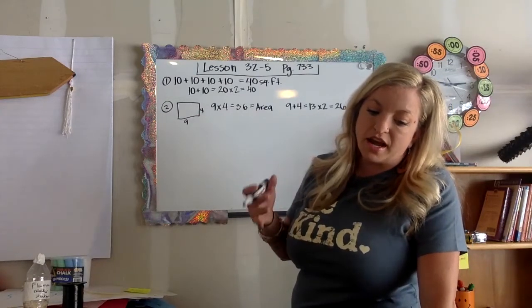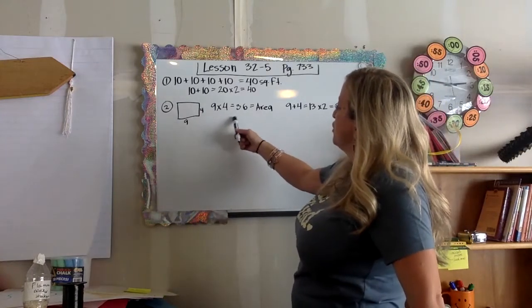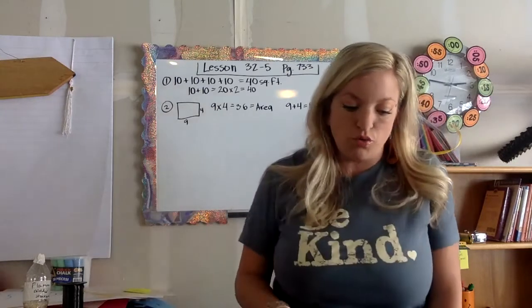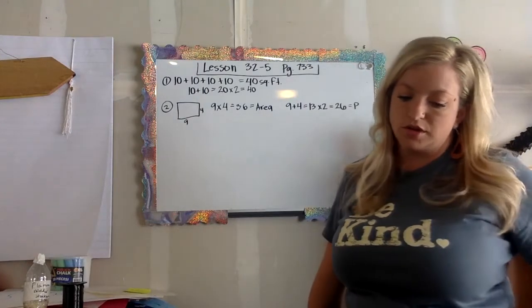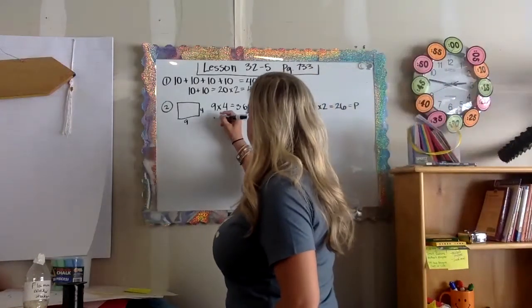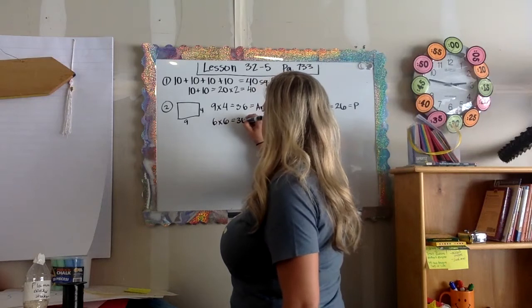Now, when you're finding the area, it needs to have 2 numbers that will equal 36. That is what I'm doing. I know right out of the gate one number pair that is automatically going to equal 36, and that is 6 times 6. I know my multiples, and I know 6 times 6 is 36.